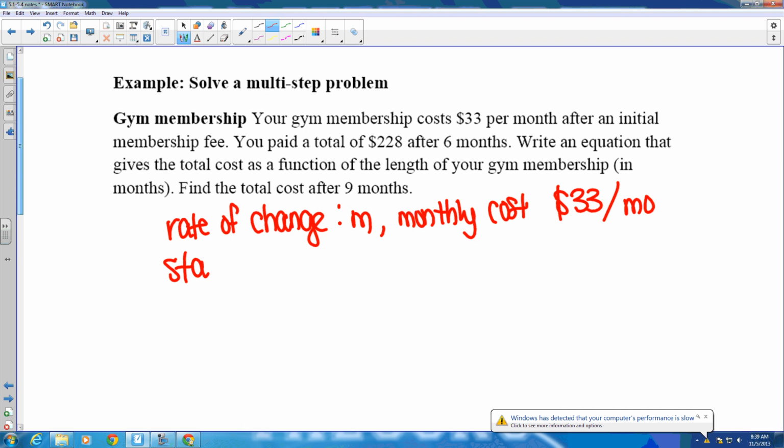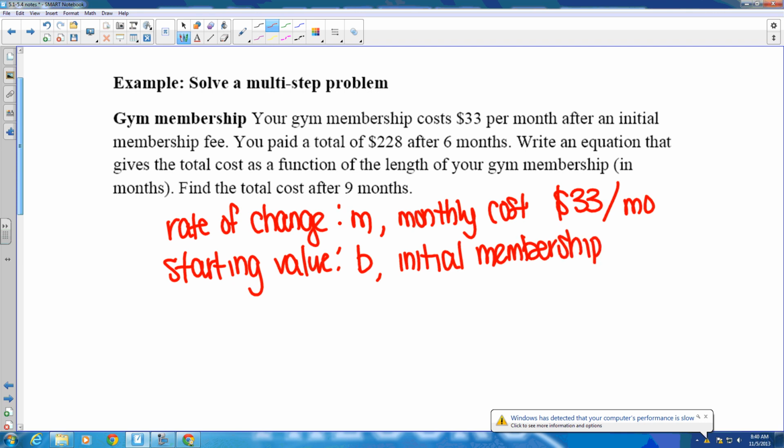Our starting value, whenever we have a starting value in a word problem like that, this is our b value, which is the initial membership fee, which we don't know how much that is.